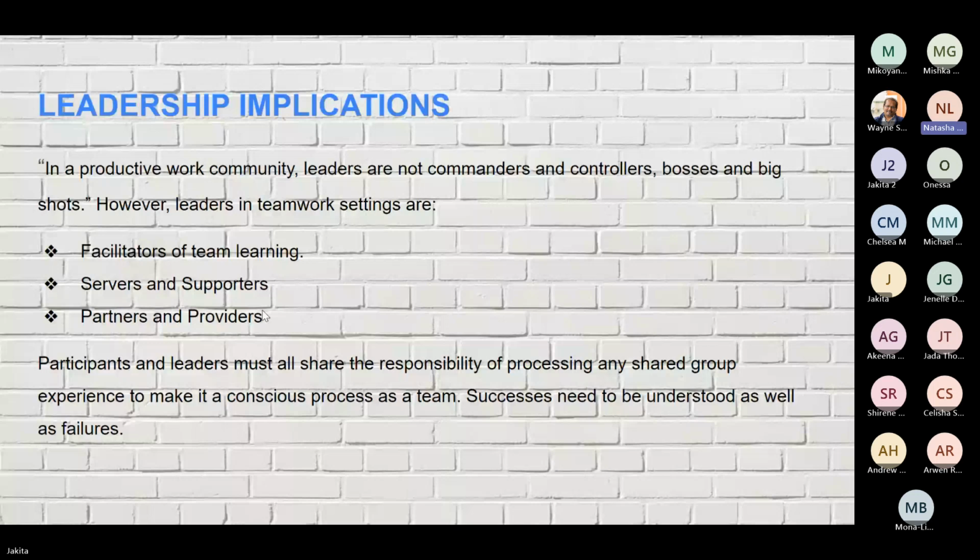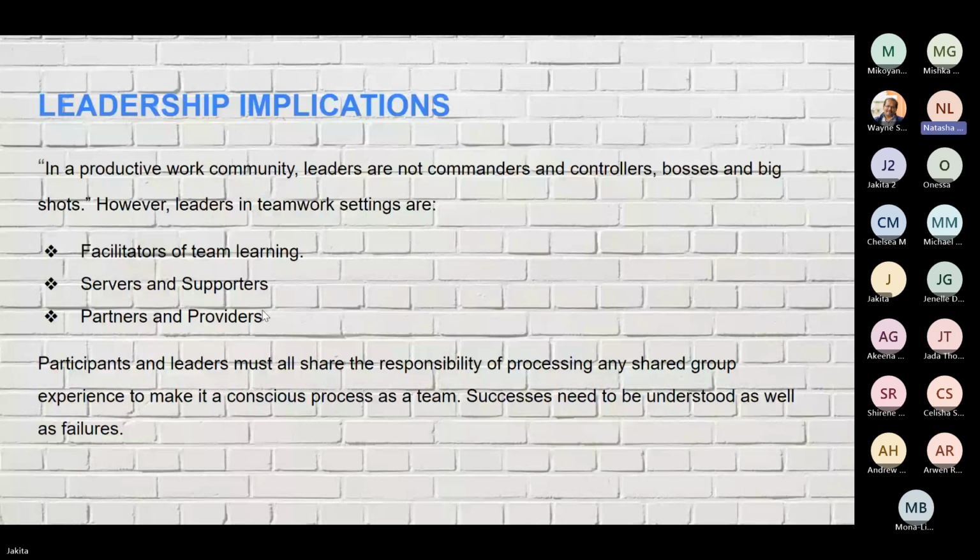Rather, leaders in teamwork settings are facilitators of team learning, servers and supporters, partners and providers. Participants and leaders must all share the responsibility of processing any shared group experience to make it a conscious process as a team. Successes need to be understood as well as the failures.